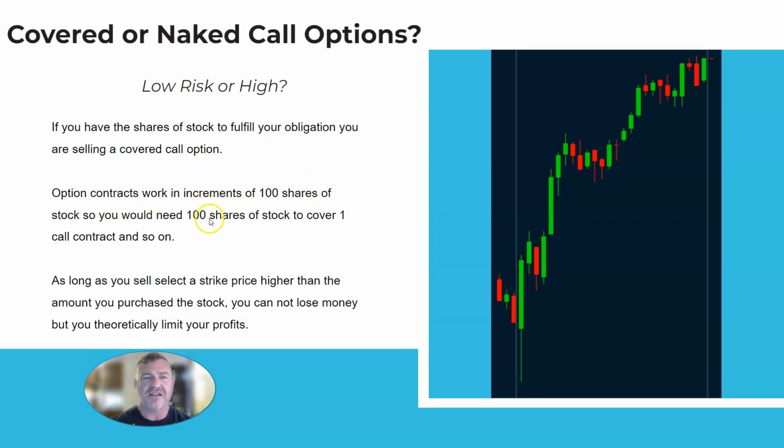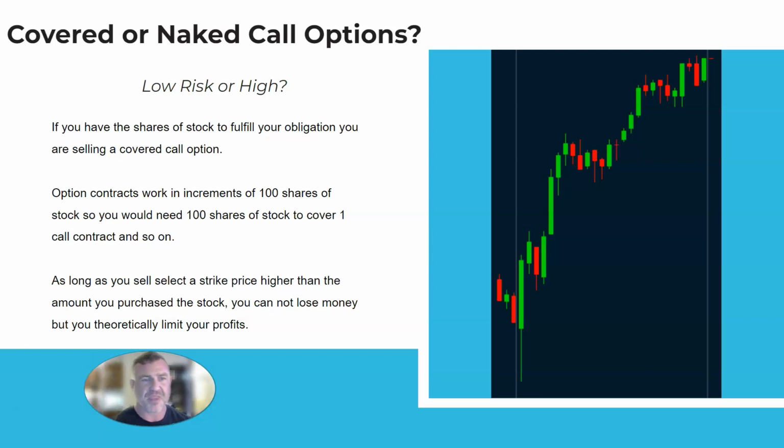So you would need 100 shares of stock to cover one call contract, and so on, right? That means 200 shares to cover 2 call contracts, 300 shares to cover 3 call contracts.